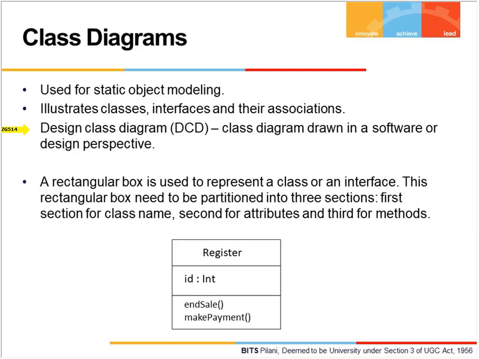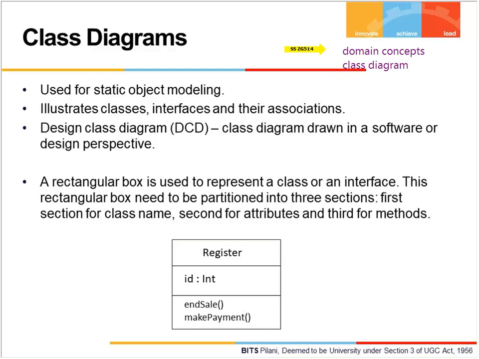Before I move ahead, a quick distinction between domain concepts and class diagrams. Initially, when we discussed how to draw the domain concepts, we said that in the domain concepts we capture the conceptual objects, only the real world objects.